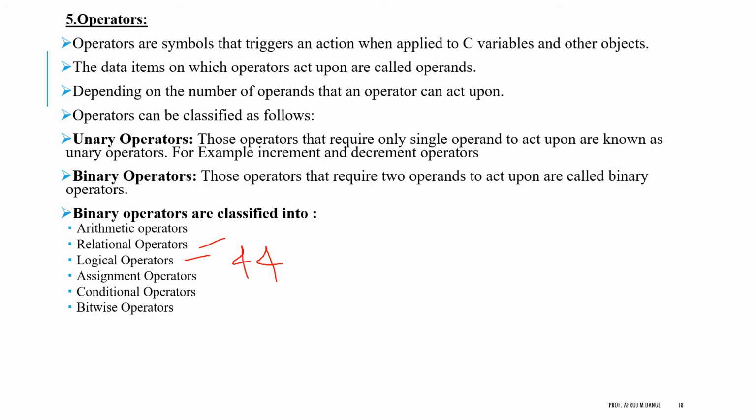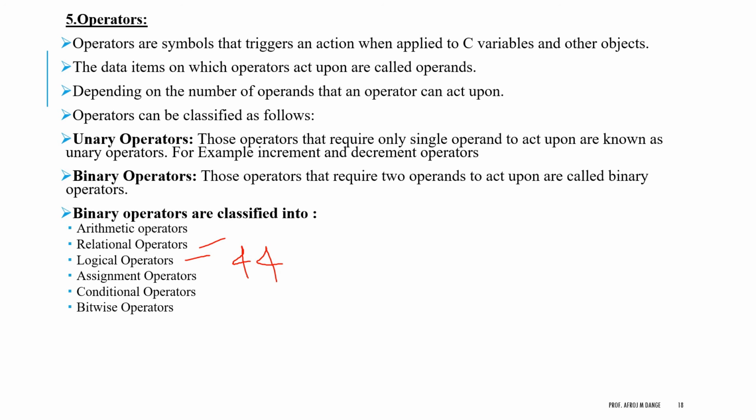If the condition, that is expression 1, is true, then we will execute and return the result of expression 2. Otherwise, if expression 1 is false, then we will execute and return the result of expression 3. We may replace the use of if-else statements with the conditional operator. We will discuss this later on.